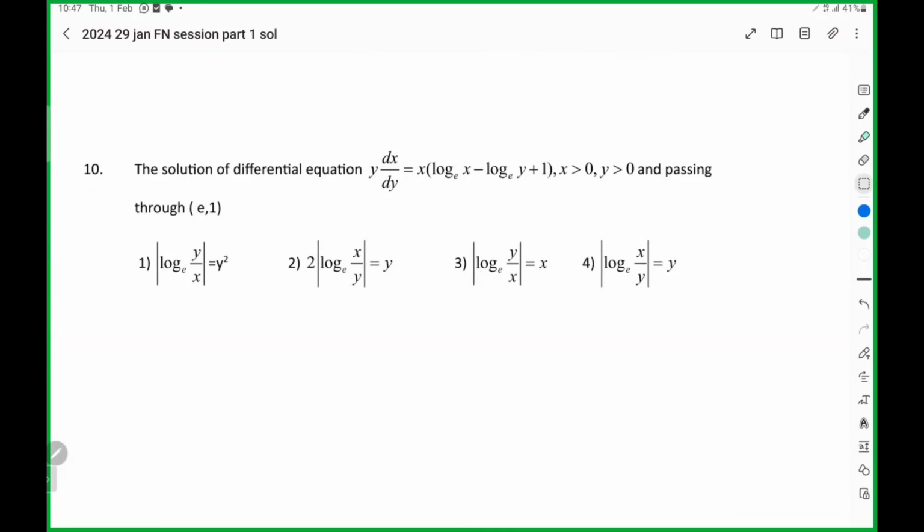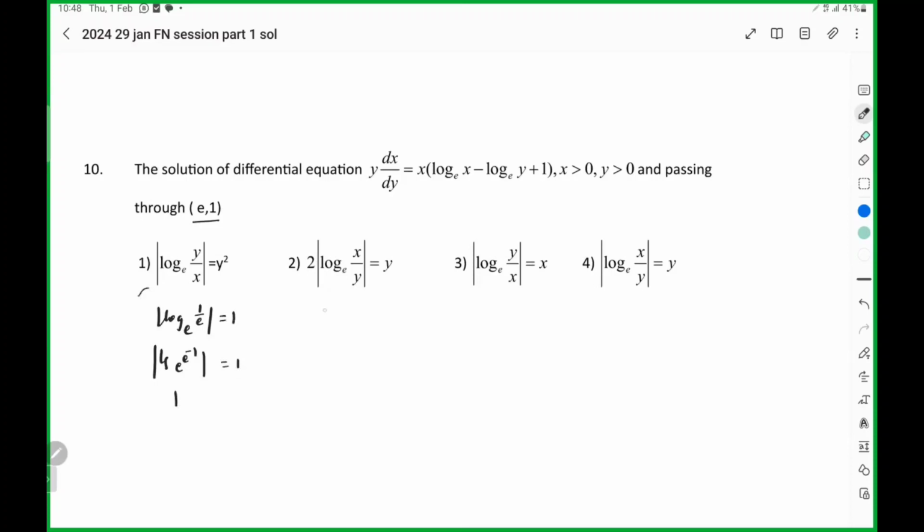So for this type of problem, in fact lengthy problems, identifying the method is also time taking. What I suggest is, first thing, whenever a point is given, substitute it first to see which equation satisfies. Here it is log e power minus 1, which is 1, y also 1.